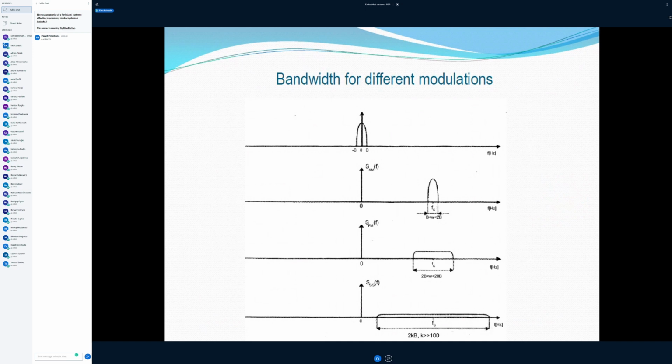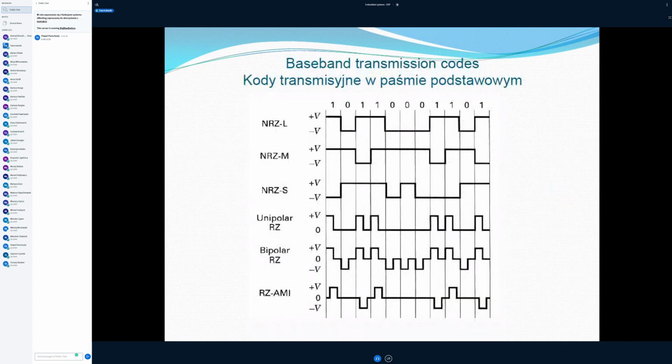So it's one important thing. When we talk about the spectrum, we have to remember that the energy of the signal is very, very small.